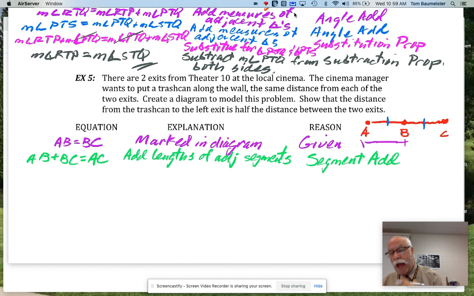And again, you don't have to keep writing the postulate, especially since you're going to be drag and dropping. Now, here's the key: we learned this in section 1.2, in fact, we even had an example of it on our test. I don't want you to put the reason as 1.2, because it might be 1.2 in our textbook, but if you go to another school, it might be 2.1.